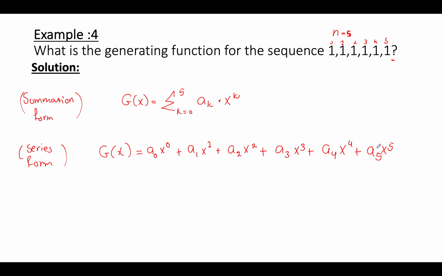So why do we stop here? Because in our generating function we start from 0 until 5, and because I've got here 6 terms.